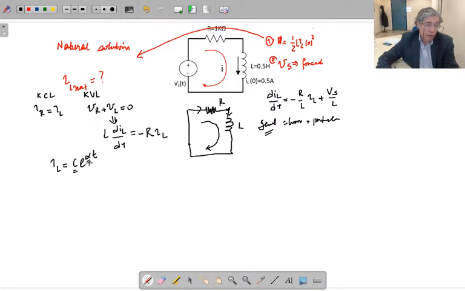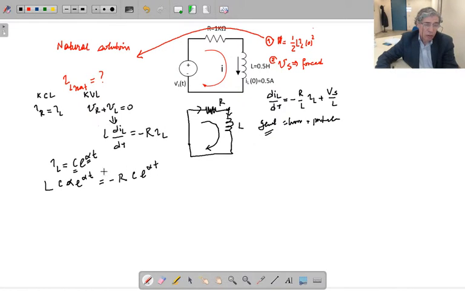Let's calculate alpha first. Since this is a solution, if I substitute this IL into the equation, then the left hand side and right hand side should be identical. So let's do it now. The derivative: L times the derivative, C alpha e to the power alpha t, is equal to minus R times the estimated current IL, that means C e to the power alpha t.